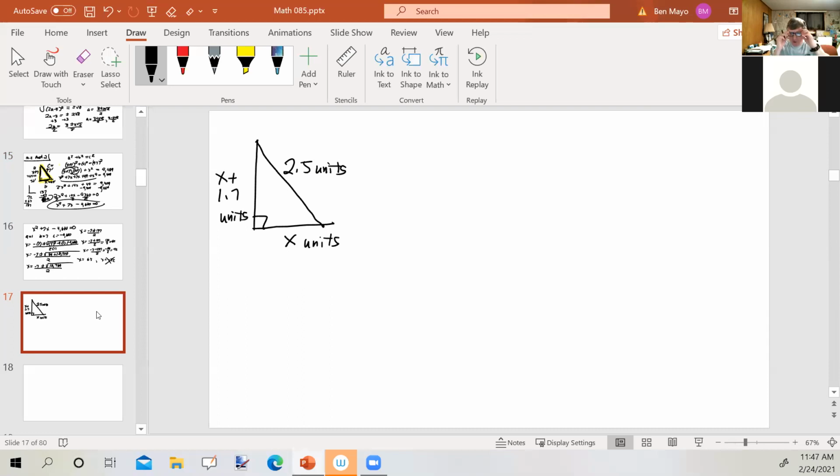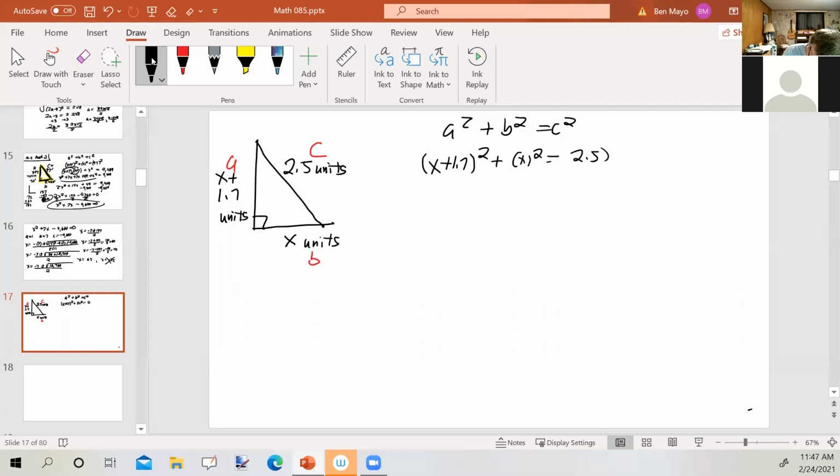All right. So once again, we're going to use a squared plus b squared equals c squared. The longest side, the hypotenuse, is c. The other two legs are a and b. Again, it doesn't matter which one's a and which one's b. So now I have the following equation: x plus 1.7 squared plus x squared equals 2.5 squared.